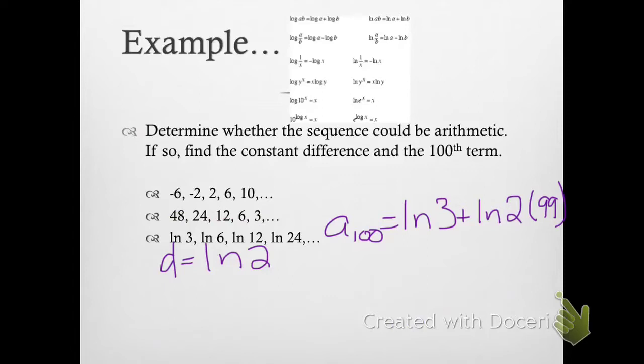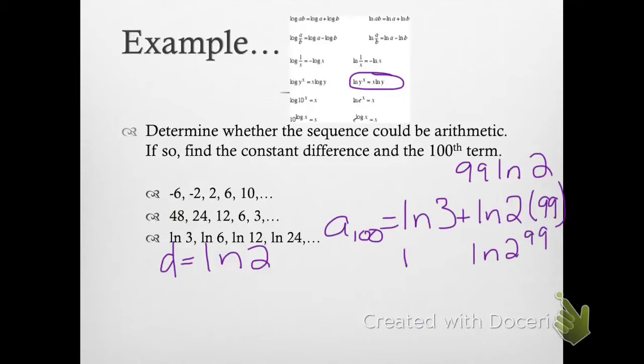So when we have a coefficient of a log, which this really is, we can rewrite this as 99 natural log of 2. We can rewrite that as an exponent. So this is really the natural log of 2 to the 99th.